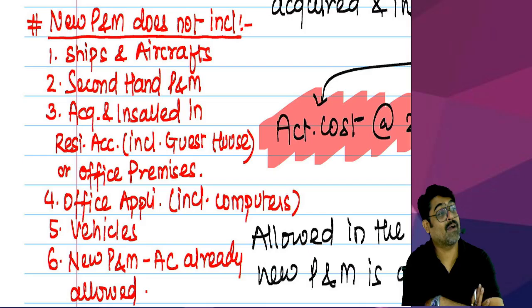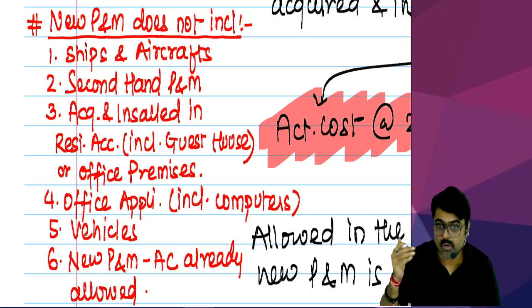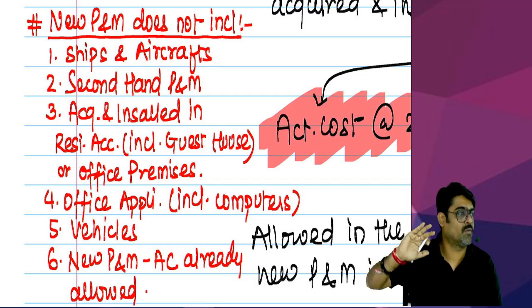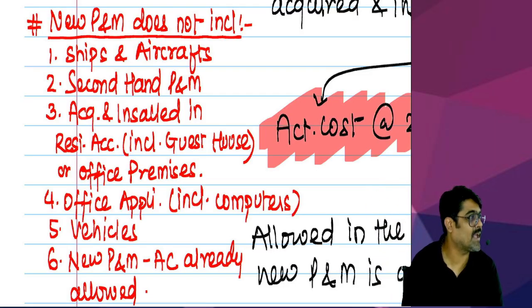You are buying a plant and machinery which is ships and aircrafts. What manufacturing will you do with this? Are these ships and aircrafts used in manufacturing, power generation, power distribution? Sir, but it is my plant and machinery. Sir, brand new acquired. Even if they are new, even if they are plant and machinery, they are ineligible because they are not going to be installed for manufacturing, power generation, distribution and transmission, etc. Getting my point?